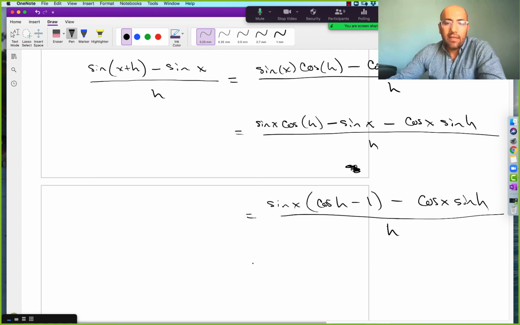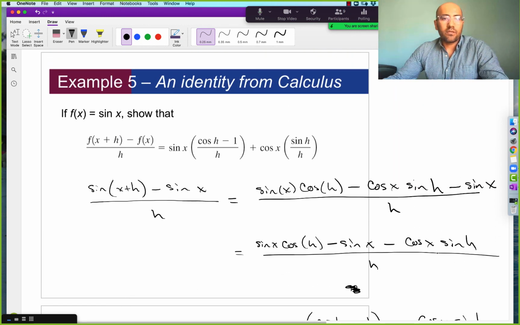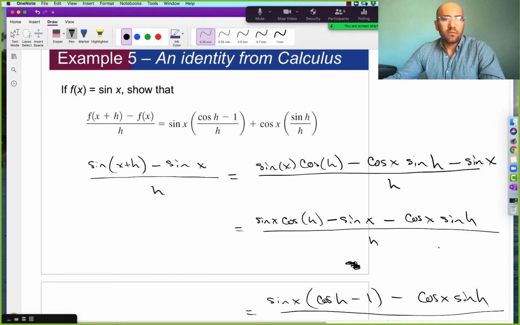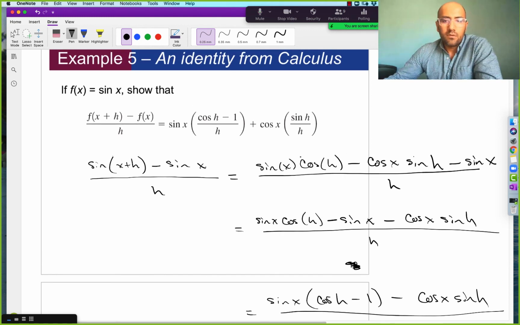And then that's what they wanted. I know it looks ugly, but that's really the answer, since they wanted you to prove this. Cosine h minus 1 over h minus, let me make sure that's what they wanted. Cosine x, wait, why do I have a minus? Man, you guys are not stopping me with my mistakes. I blame you.